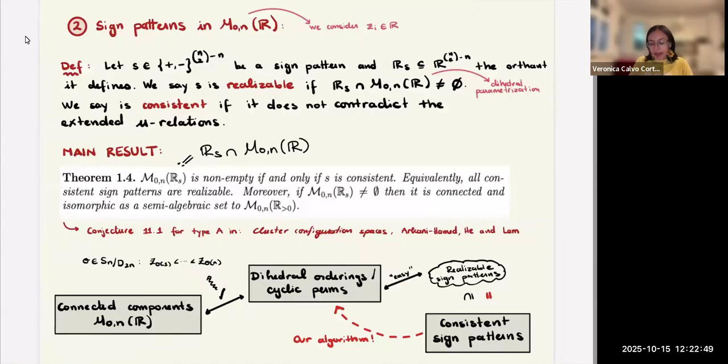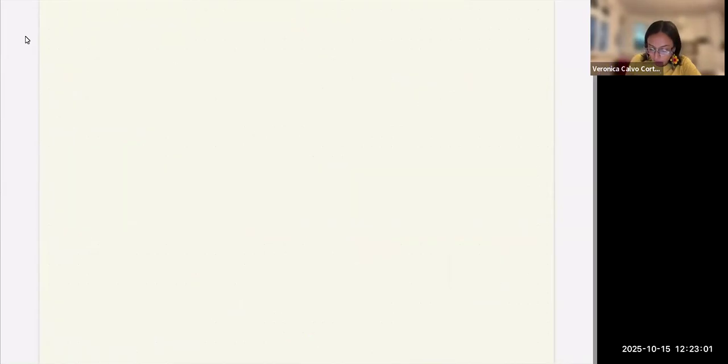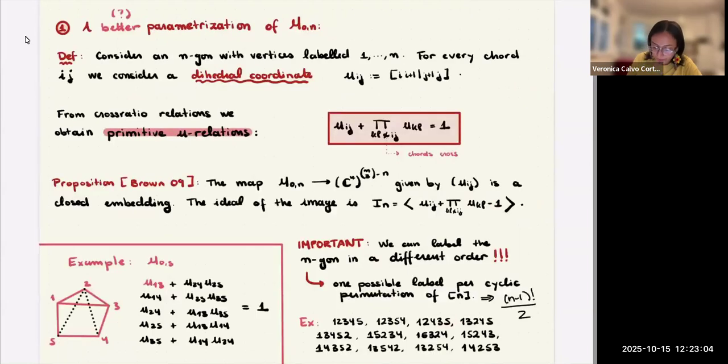And now from there, it's relatively easy to go to realizable sign patterns. This I will explain just in a minute, but the idea is that, as I was mentioning, if I label the n-gon in a different way, then I get a different dihedral parametrization.